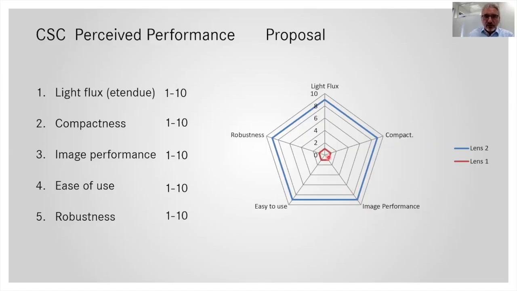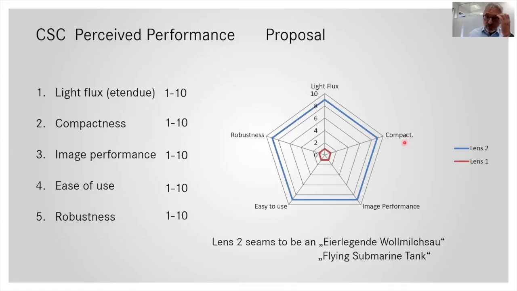It's very poor and doesn't exist, because each lens element has more than this. And lens number 2 seems to be perfect. We call it in German eierlegende Wollmilchsau, or in English, I know, flying submarine tank. Everybody would like to have that, and it's not easy to realize this.